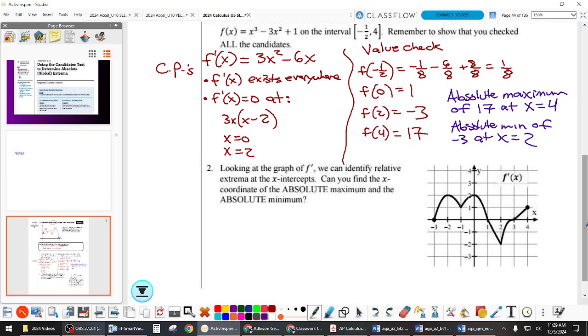Any questions on that? Okay, this is kind of weird, this part. So let's kind of talk through it. We have about 10 minutes, looks like. Okay. So if this is a graph of f prime, we can identify relative extrema at the x-intercepts. Why there?